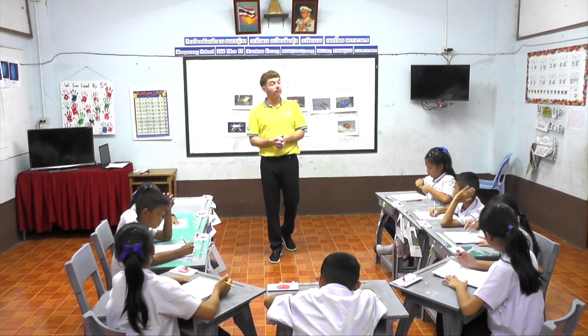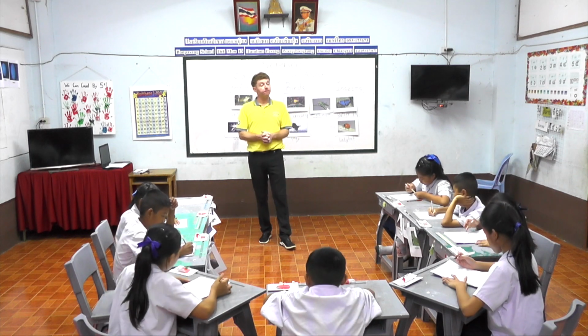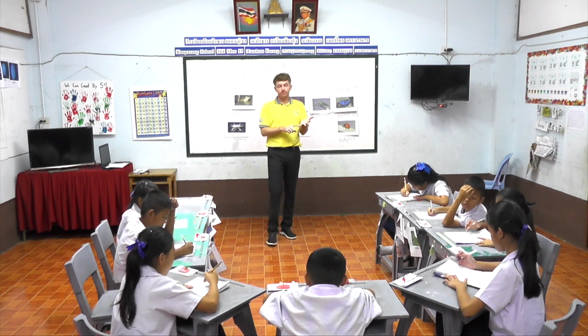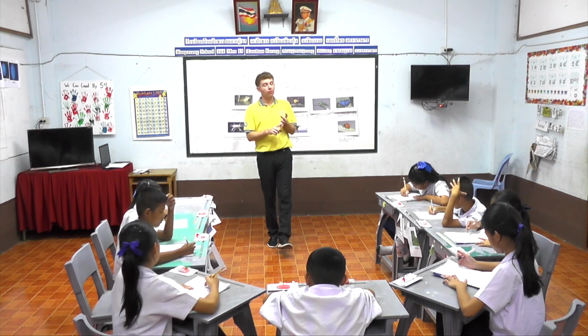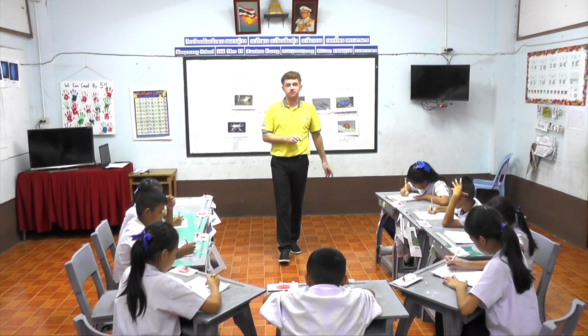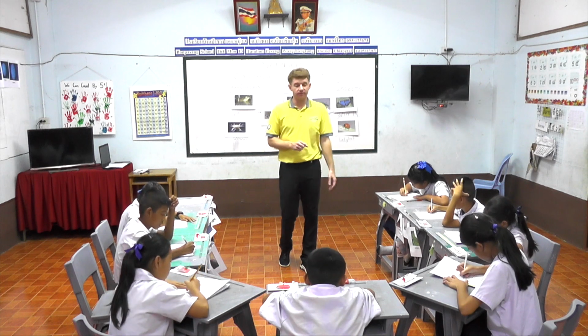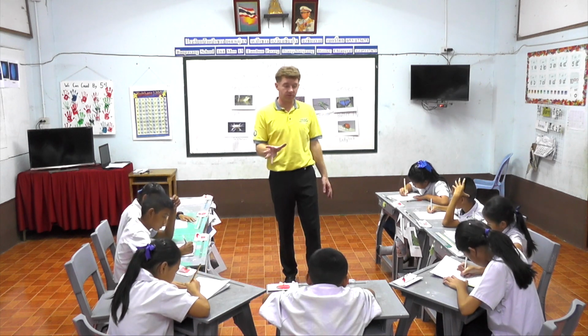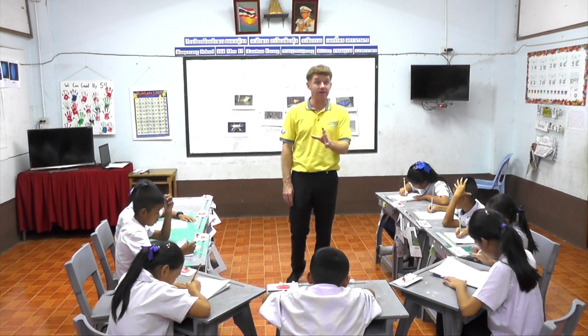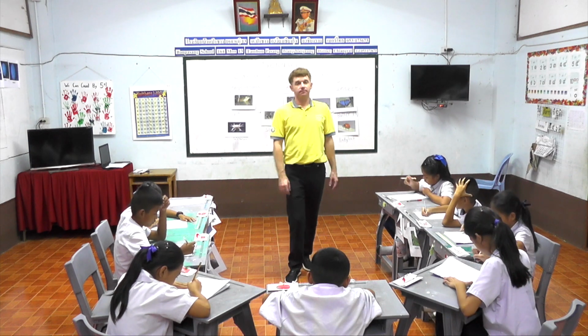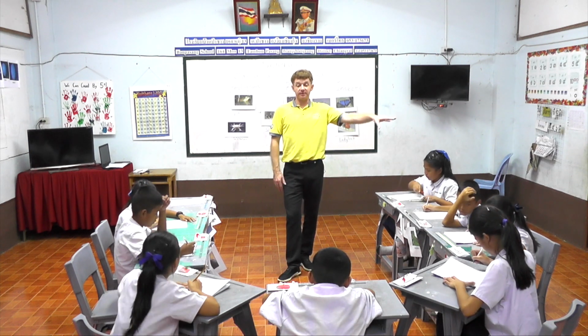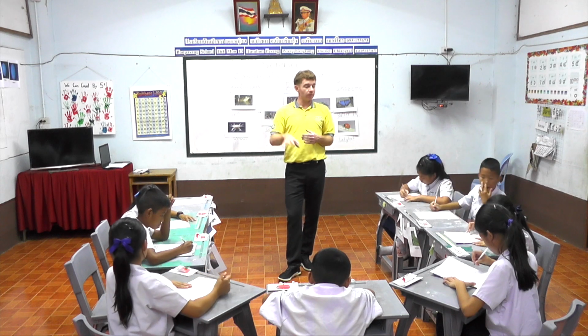Not a lake, not a stream. What other type? Pond, yes. If you go to a pond, you're likely to see frogs, worms, salamanders. They like to live in areas near water so they can go in and out.